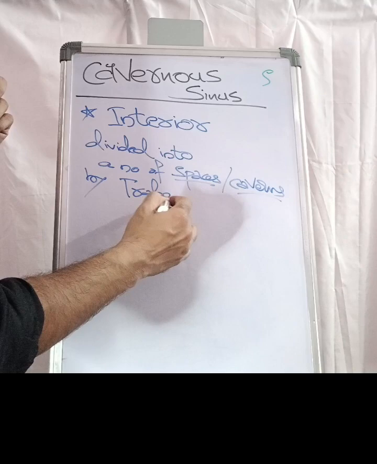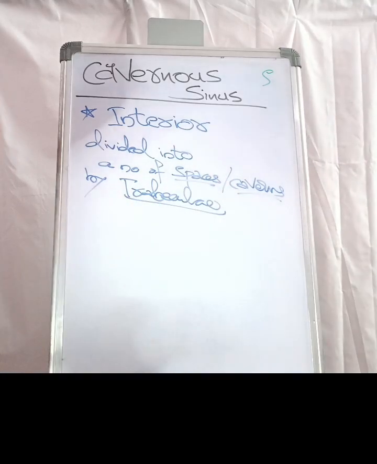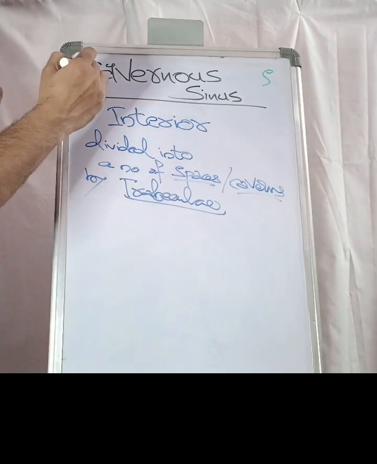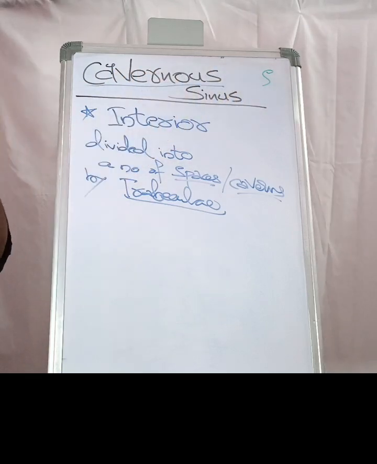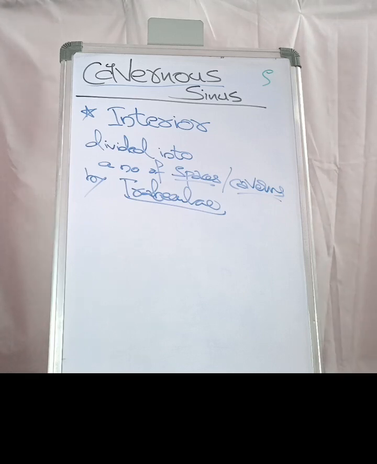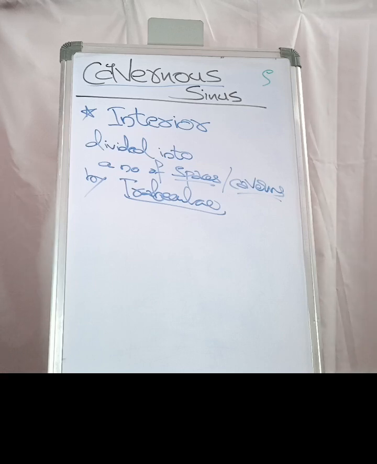See, the name is cavernous sinus. The interior of the cavernous sinus is divided into a number of spaces or caverns by trabeculae.